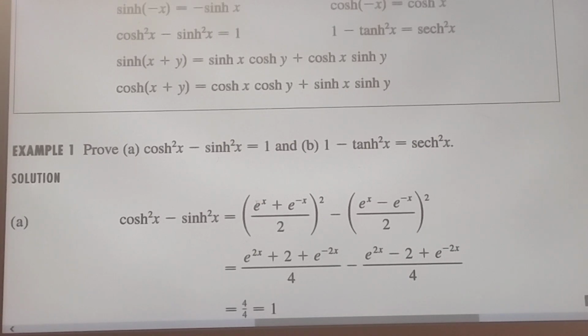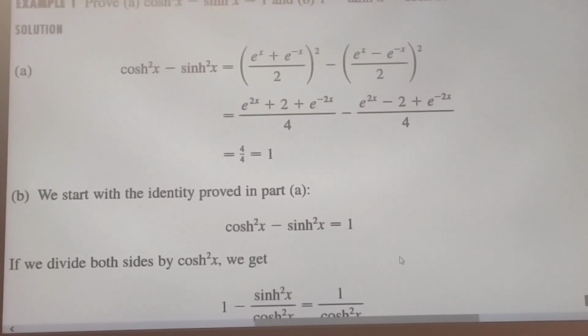So it's this squared, that term squared, plus 2 times this by that. So this by that is going to give you 1, because x plus negative x is 0. So 2 times 1 is 2. That's where it's coming from. Okay. Similarly with that one. All right. So when you simplify everything, it's going to give you 1.